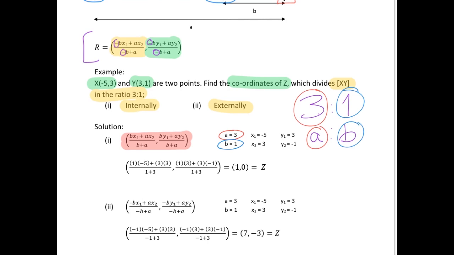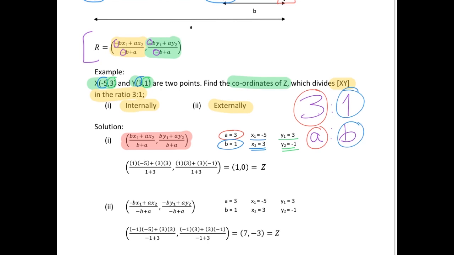Our x1 is going to be the x coordinate of the point X, so minus 5. Our x2 is going to be the x coordinate of the point Y, which is 3. Our y1 is going to be the y coordinate of the point X, which is 3. And our y2 is going to be the y coordinate of the point Y, which is 1.